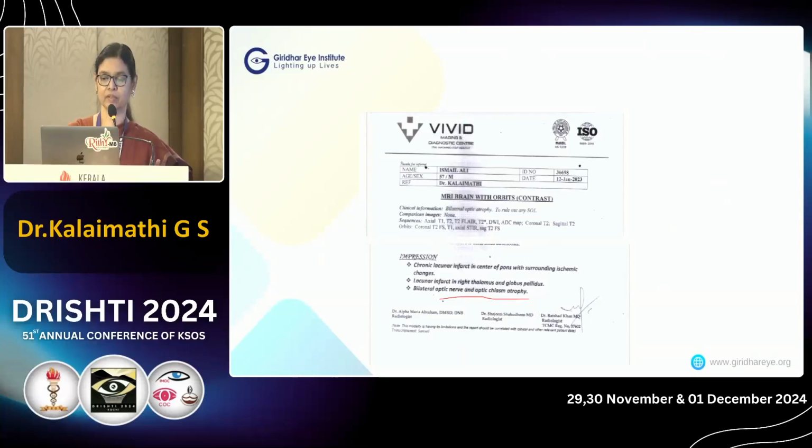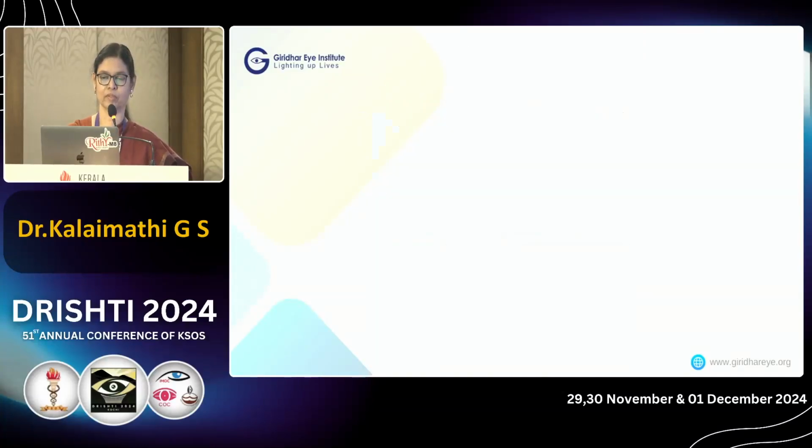We sent for an MRI, which came out to be bilateral optic nerve and optic chiasmal atrophy. Then when he came with the MRI report, only then he revealed the history of heavy smoking and drinking. So this is a case of toxic optic neuropathy. From the history, we can come to a diagnosis of this optic atrophy.